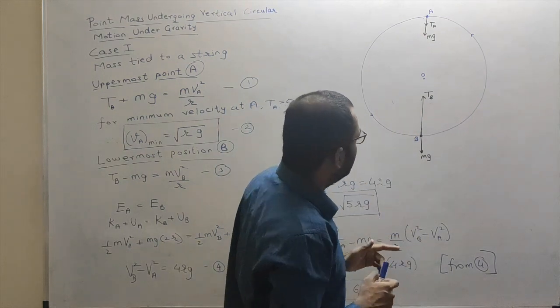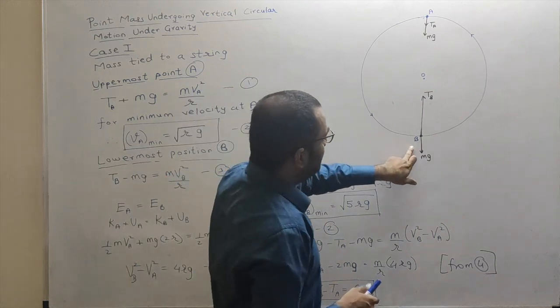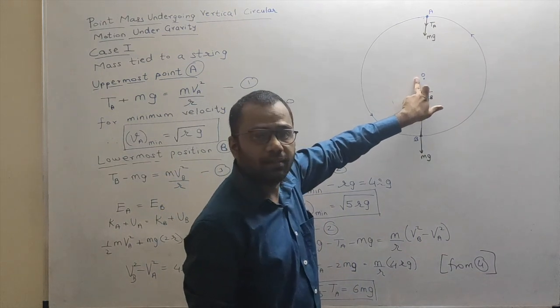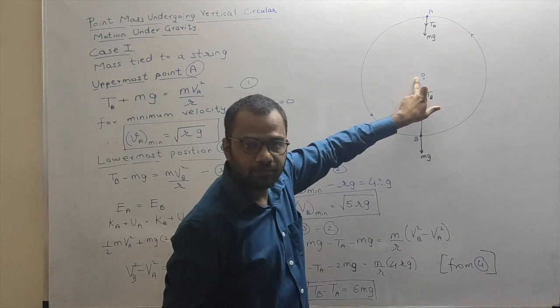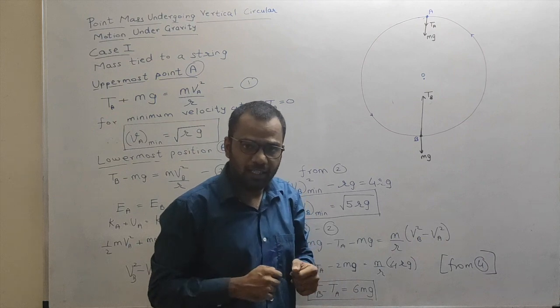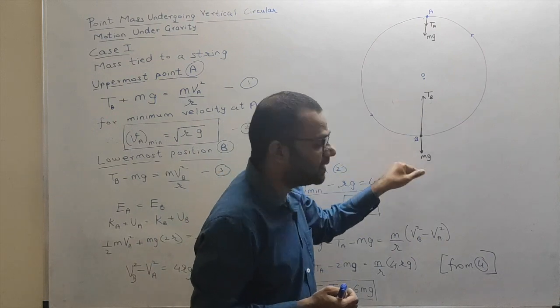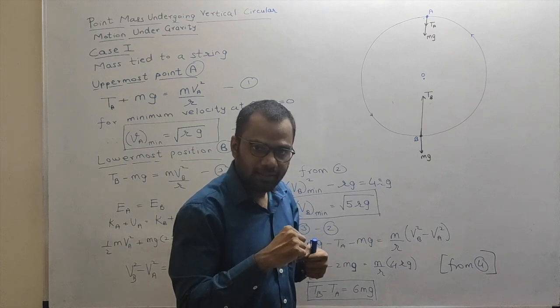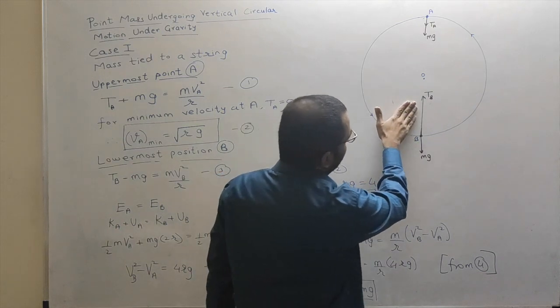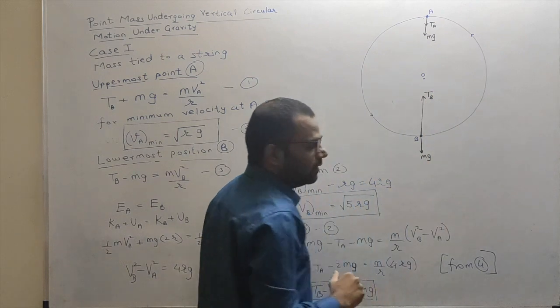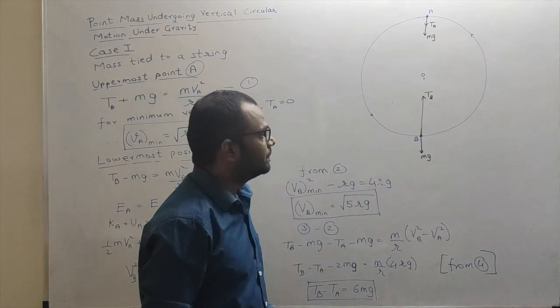Why? Because again at point B there should be some net force towards the center that will provide the centripetal force. So as you can see, Tb and mg are in the opposite direction. So the resultant will be Tb minus mg, and it has to be positive. Getting this? Hence Tb should be greater than mg, and hence I have shown it to be a larger vector.